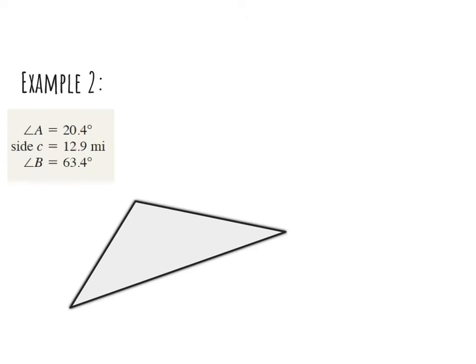For example 2, no triangle was given, so we want to start by drawing in a triangle. Please make sure your triangle is a non-right triangle. Now remember from our meeting today how we label things. Let's call this A, B, C. We always use capital letters to represent the angles. So this is 63.4 degrees.